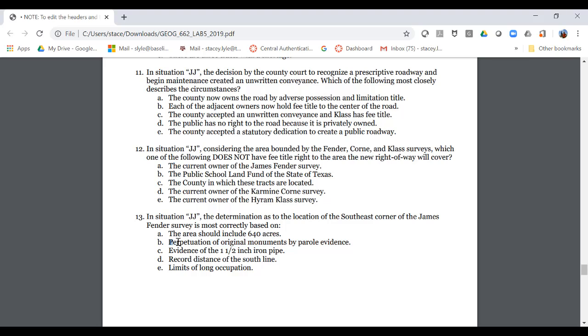That's true. It's where they said, hey, this is where my dad replaced what used to be there, and I think that's the case. The evidence of the pipe, if you were using that, is not the right answer. The record distance of the south line, the limitation of long occupation. So that would be adverse possession, that's not right, and the distances we see are larger, so that's not quite correct.